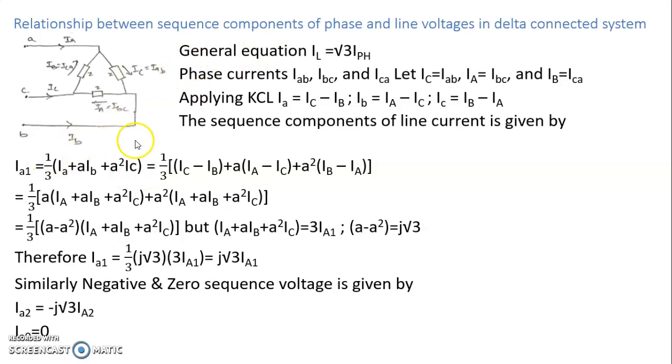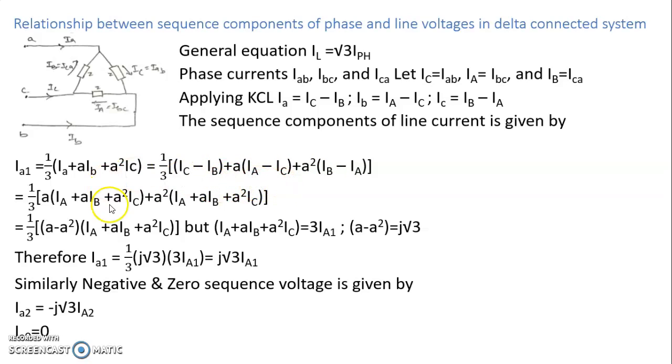Now I know the values of IA, IB, IC from applying KCL, and I am substituting here. So IA is replaced by this, IB is replaced by this equation, IC is replaced by this equation. Now as previously we have done, let us multiply. Take positive terms on one side, negative terms on the other side.